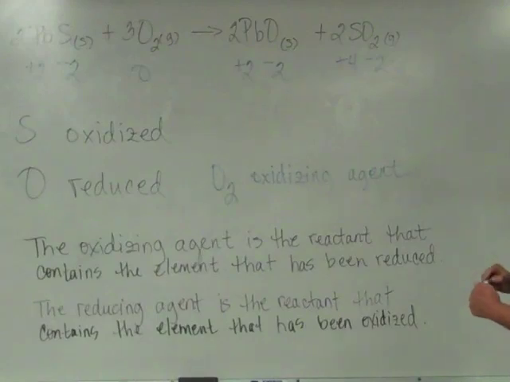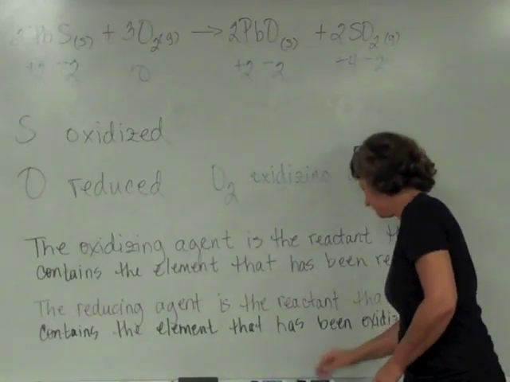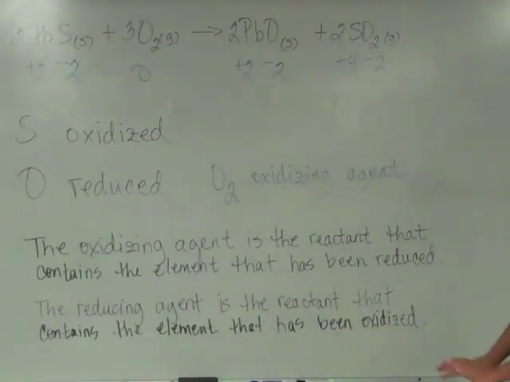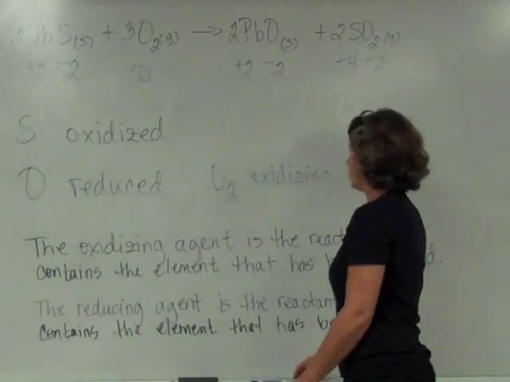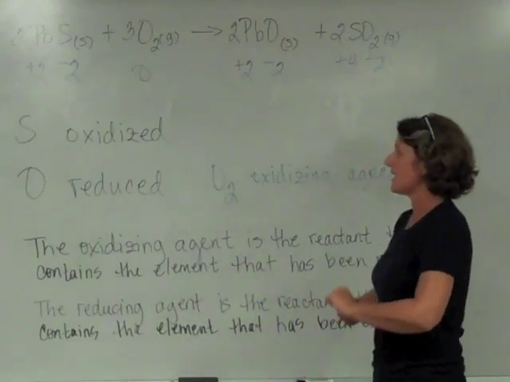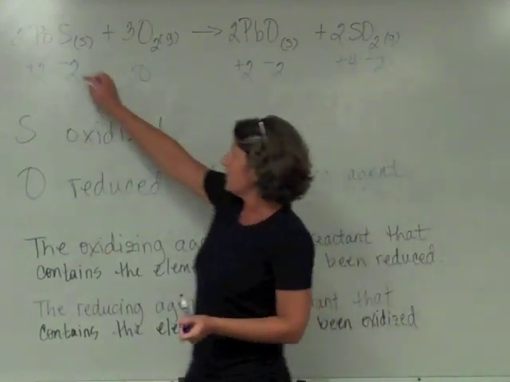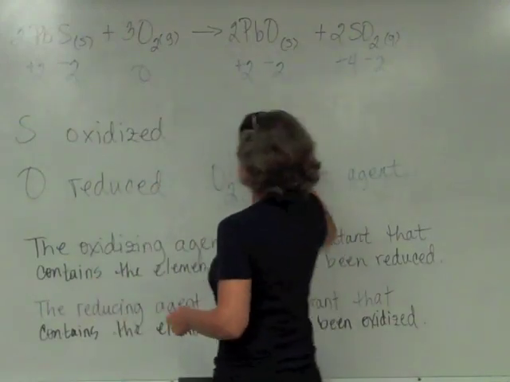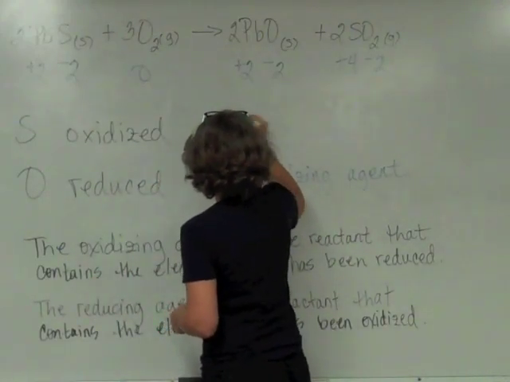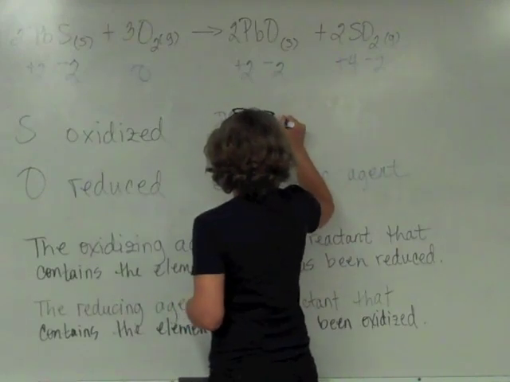So what element has been oxidized? That's sulfur. So we would say that the reactant it's part of is the lead 2 sulfide. So the lead 2 sulfide is the reducing agent.